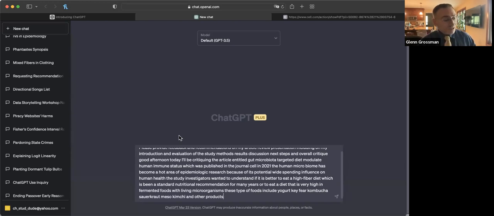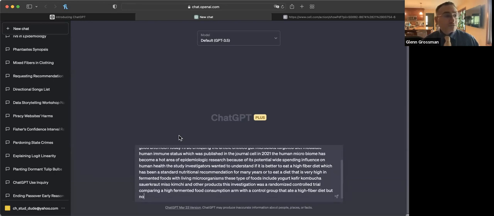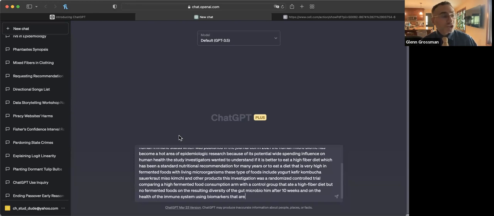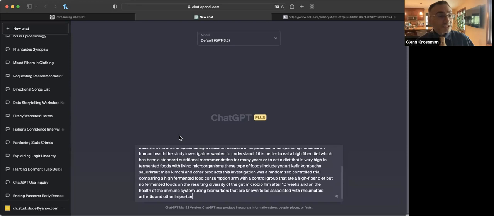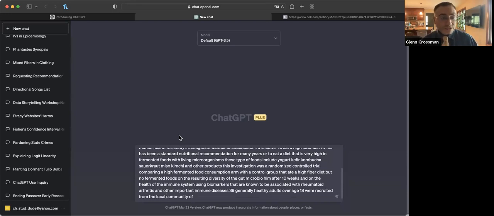This investigation was a randomized control trial comparing a high fermented food consumption arm with a control group that ate a high fiber diet but no fermented foods on the resulting diversity of the gut microbiome after 10 weeks and on the health of the immune system using biomarkers that are known to be associated with rheumatoid arthritis and other important immune diseases. 39 generally healthy adults over age 18 were recruited from the local community of Stanford University.